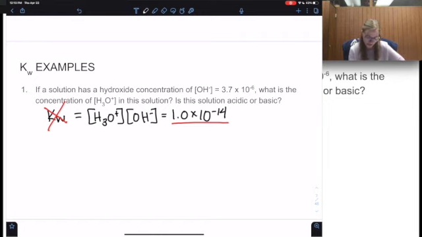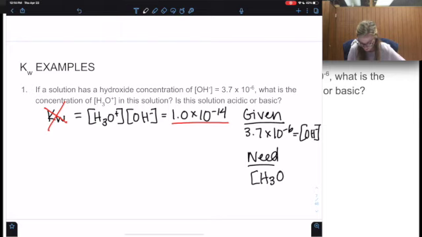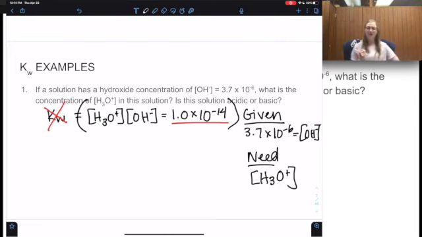If I go back into my equation, I'm given 3.7 times 10 to the minus 6, and that's the concentration of OH-. What I need is to find the concentration of H3O+, which, given our equation, we can very clearly do. So I'm going to plug in my value for OH- and solve for H3O+.